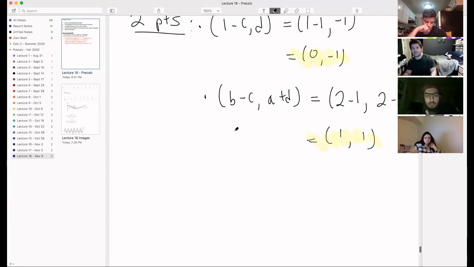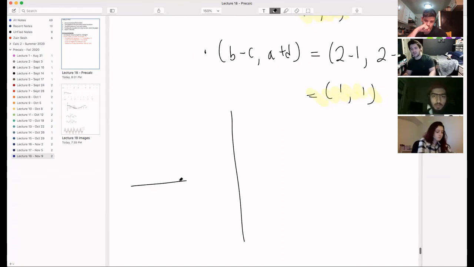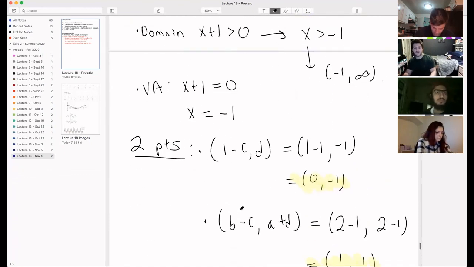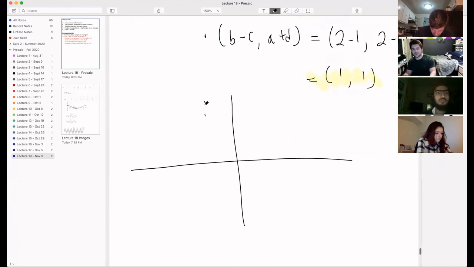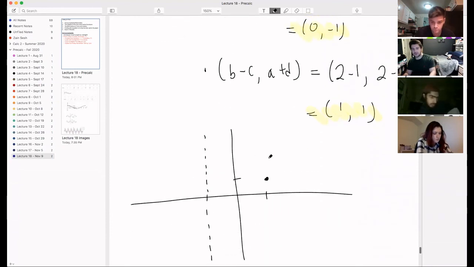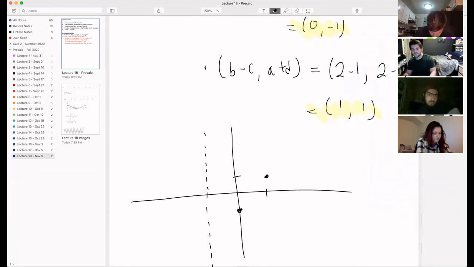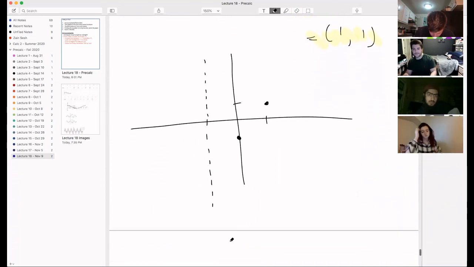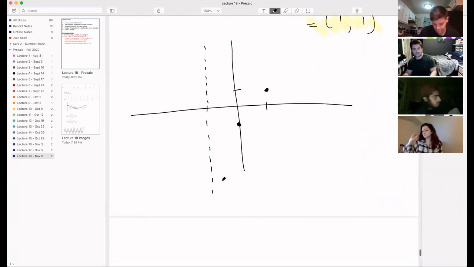Good, and now we really have everything we need to graph this. So I have a vertical asymptote at x equals negative 1. I have the point 1, 1, and I have the point 0, negative 1. And that's really it. Now you just use this vertical asymptote and you make a shape like this.